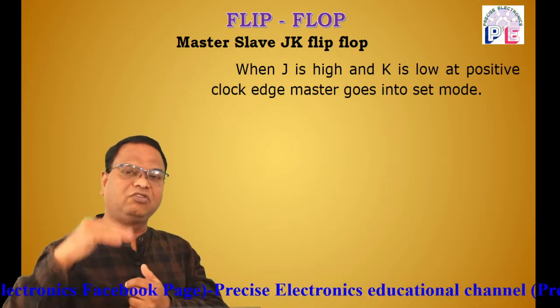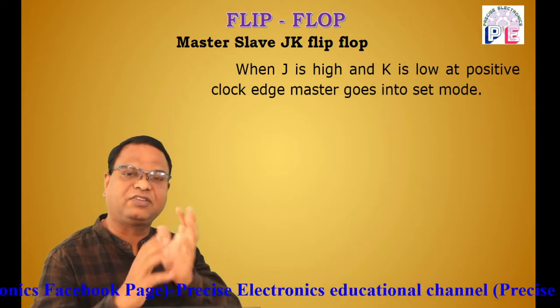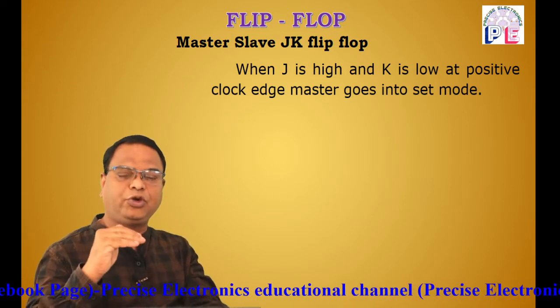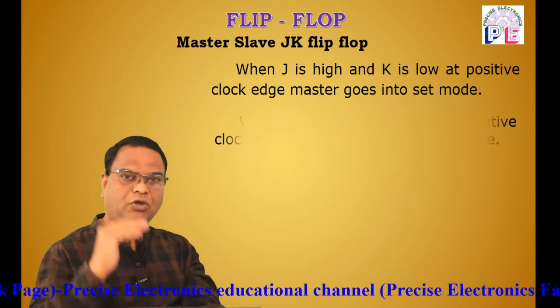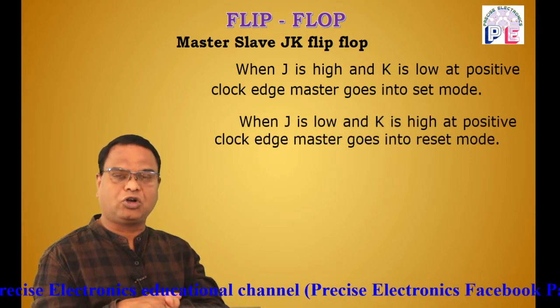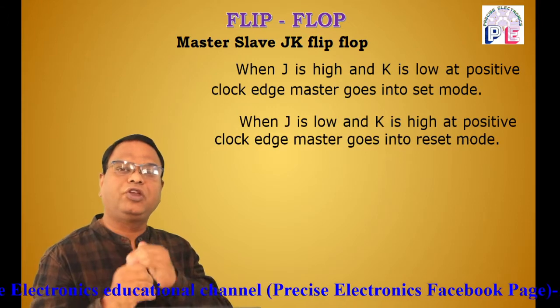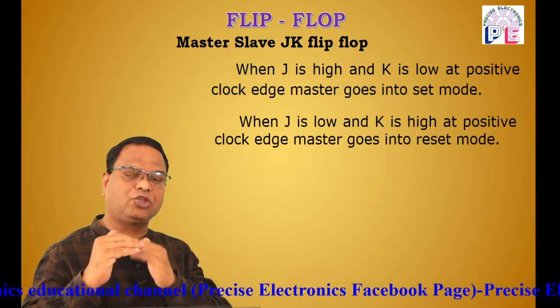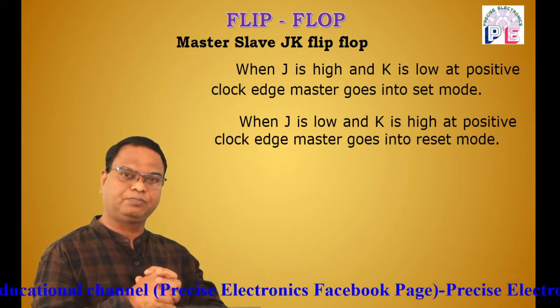In this case, J input is high, so the flip-flop is in set mode. The next condition, when J is low and K is high, and a positive edge is applied to the clock terminal, the flip-flop goes into reset mode. Hence the output becomes Q drops to 0 and Q complement goes to 1.